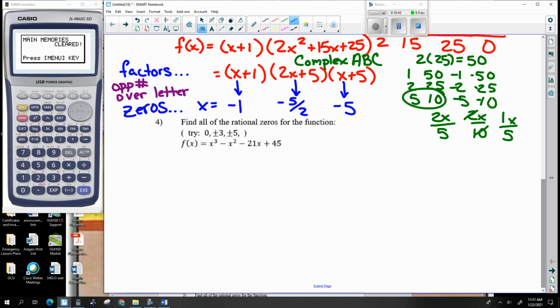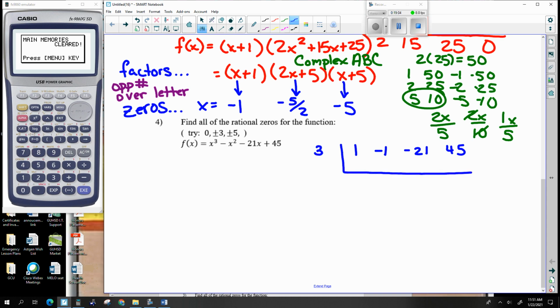All right, find all the rational zeros. All right, let's try. I think 3 might work out. Let's try 3. So I have values of 1, -1, -21, and 45. So I'm going to try the value of 3.